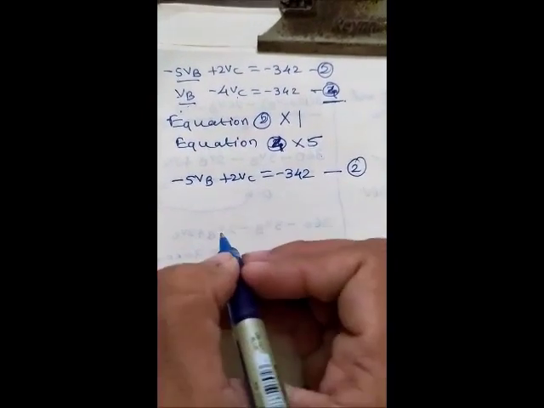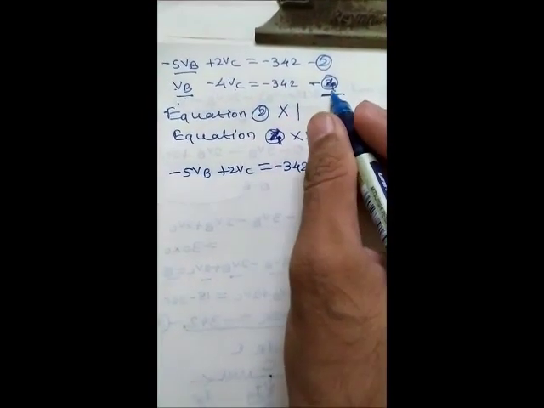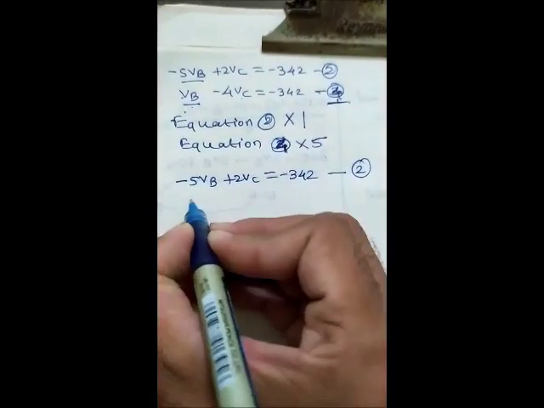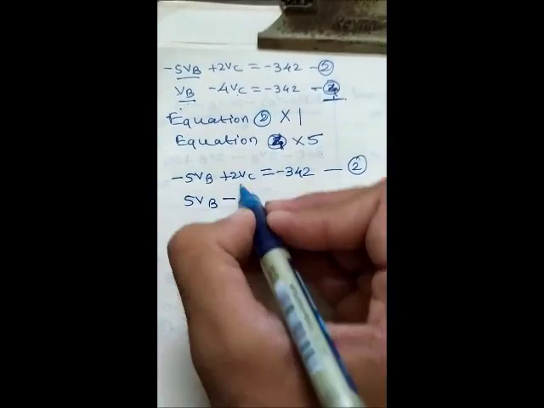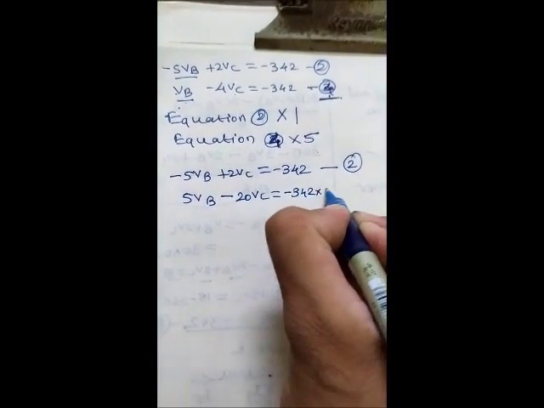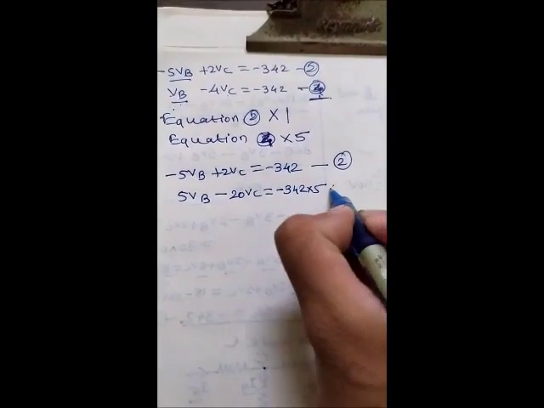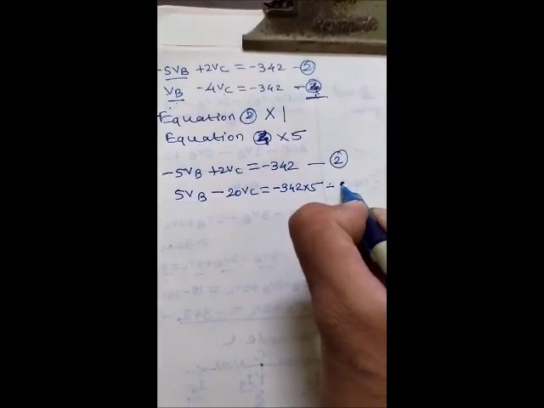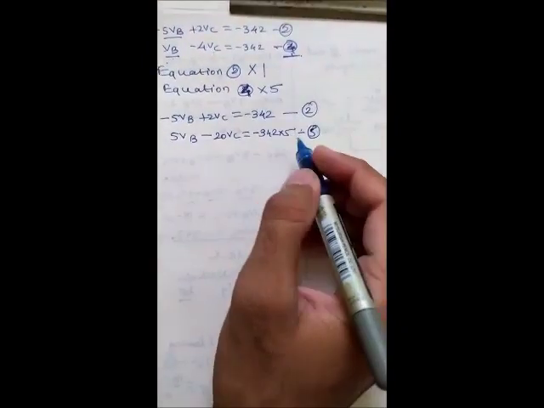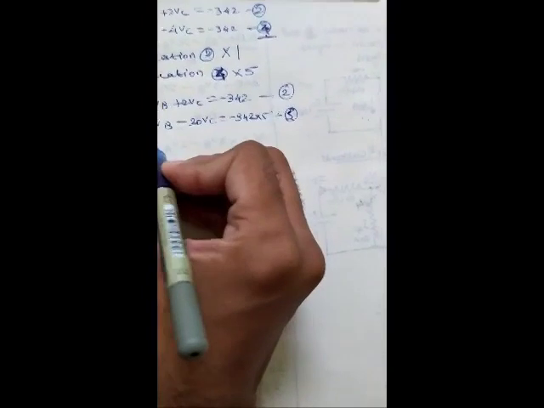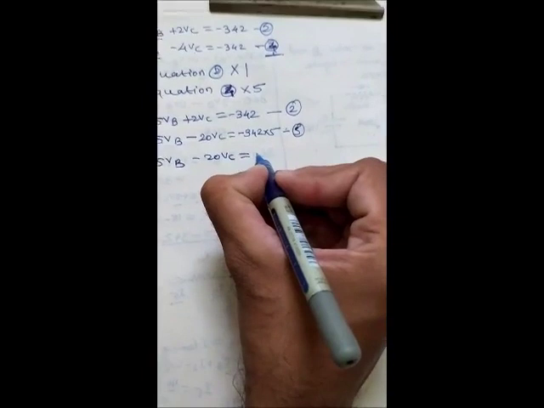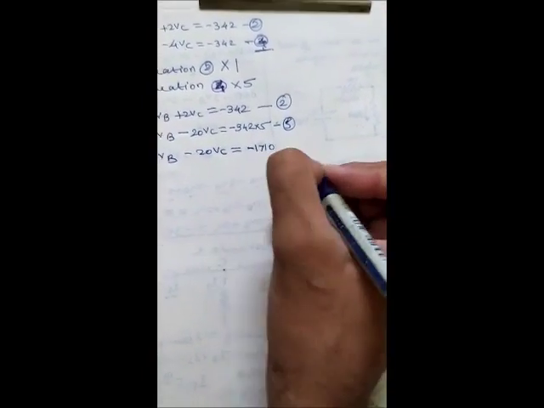Now multiplying equation 4 by 5: 5 into VB is 5VB, minus 5 fours are 20 VC, is equal to minus 342 into 5. I will call this equation number 5. Multiplying minus 342 into 5, this becomes minus 1710.